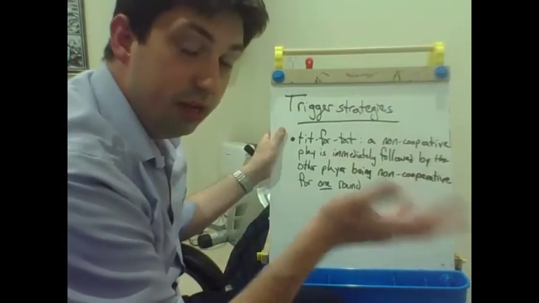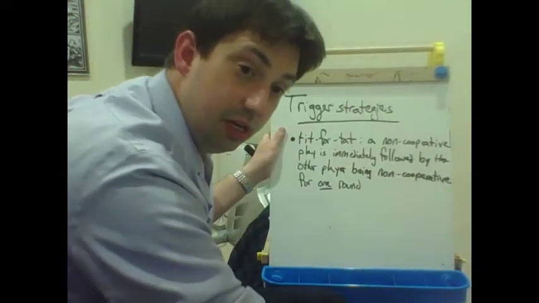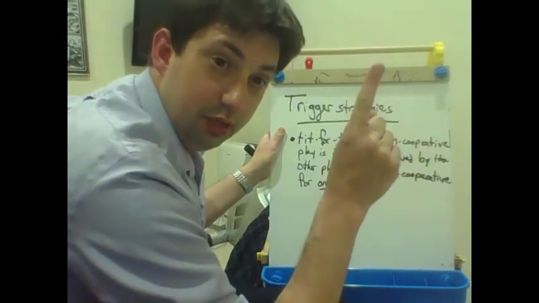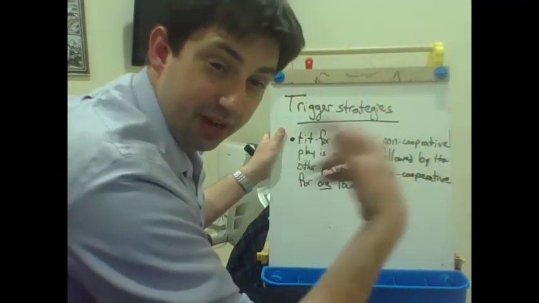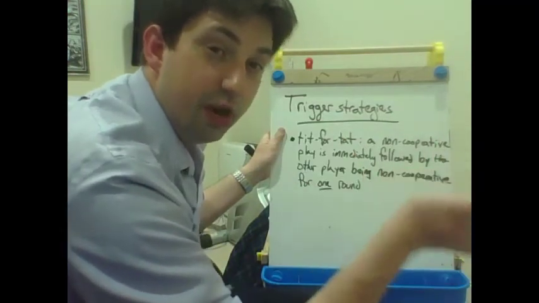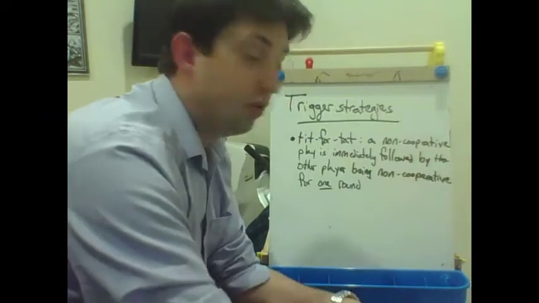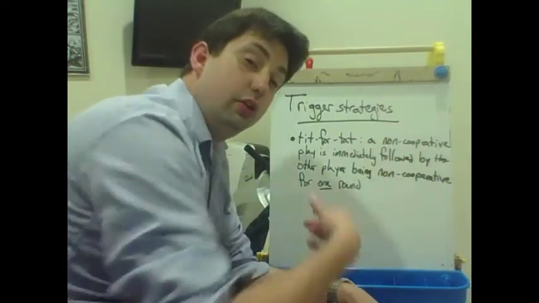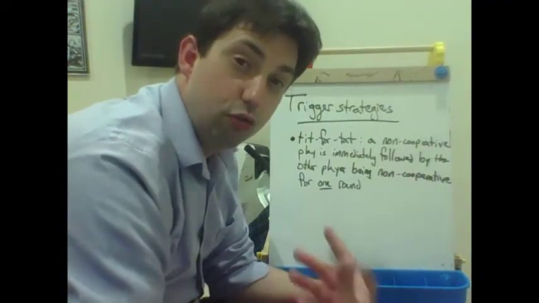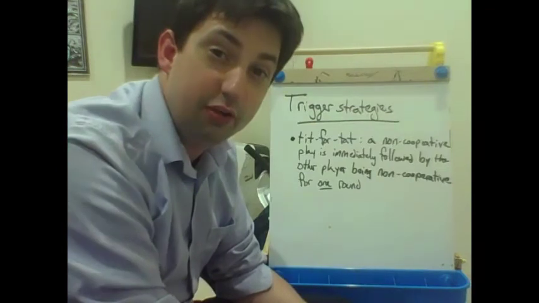A non-cooperative play is immediately followed by a non-cooperative play by the other player, and that non-cooperation happens for exactly 1 round. And if they are non-cooperative again, if they defect again, then the other player defects the following round. The way to reestablish cooperation is for the originally defecting player to go back to cooperation unilaterally. As long as you make that punishment credible, as these repeated plays go on, you can maintain cooperation.